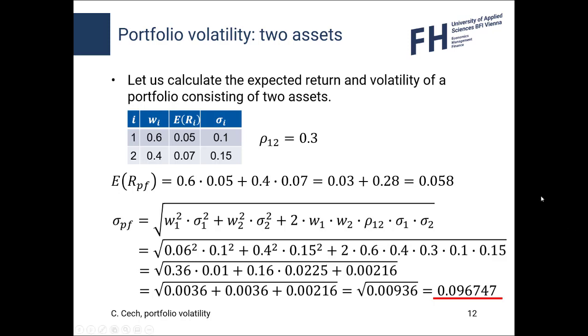And at the same time, we have an expected return of 5.8%. So the expected return is higher than the expected return of asset 1, and the risk is lower than the risk of asset 1.